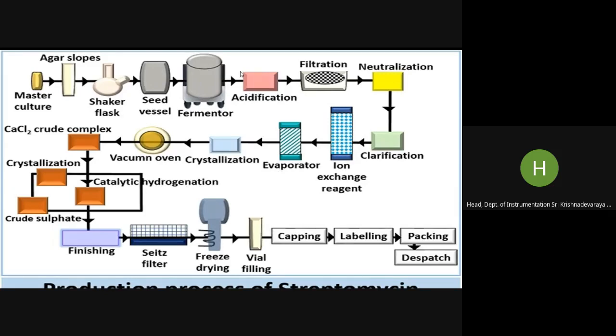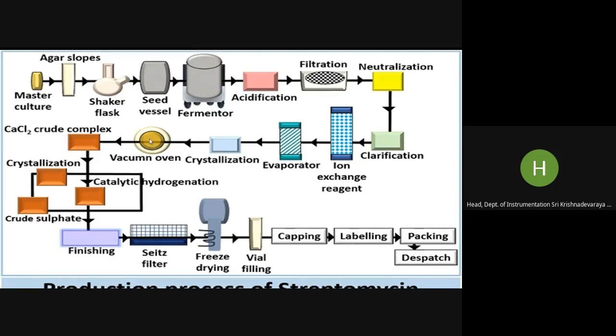Acidification can be a continuous extraction, because you are adding a solution and extracting with an amyl acetate kind of solution. It then goes through the filtration, neutralization tank, clarification, ion exchange reactant, then evaporator or dryer.